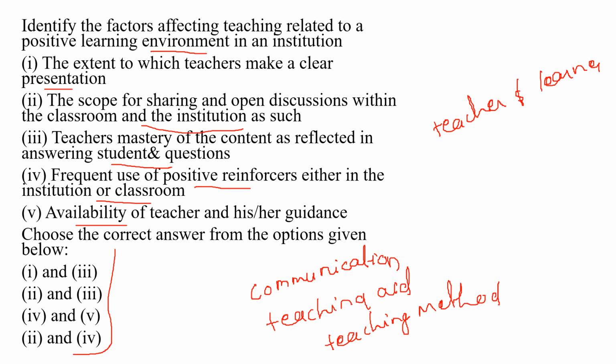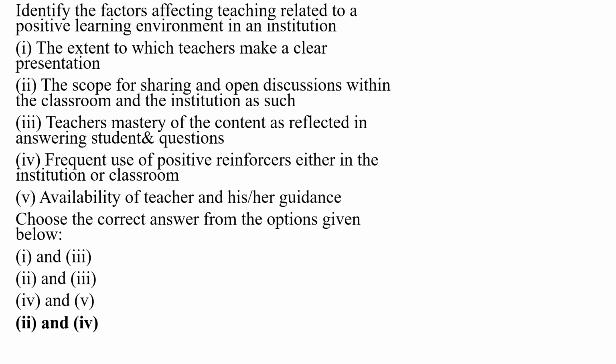The social and economic background of the teacher and learner directly and indirectly affects their thinking. Motivation in the classroom is important. The teacher is an important person inside the classroom to motivate the child and provide rewards to induce interest in the learner. The correct answer for this question is option number D, that is 2 and 4 are included.